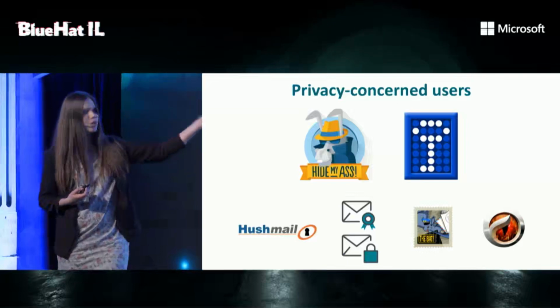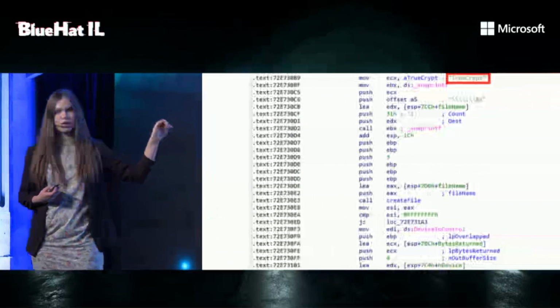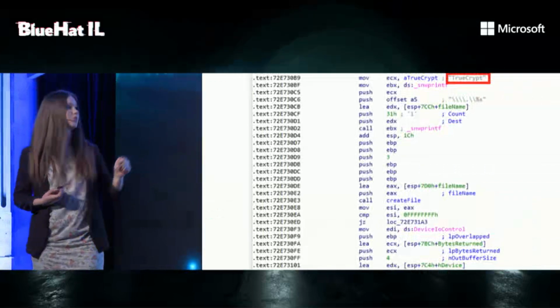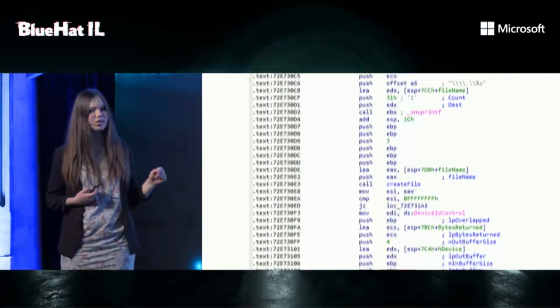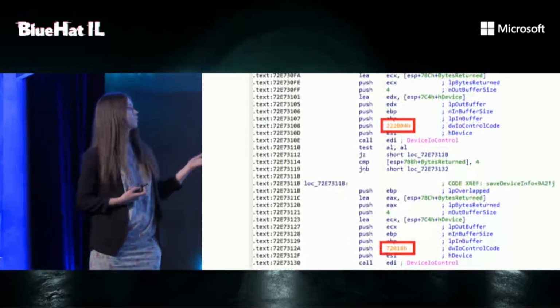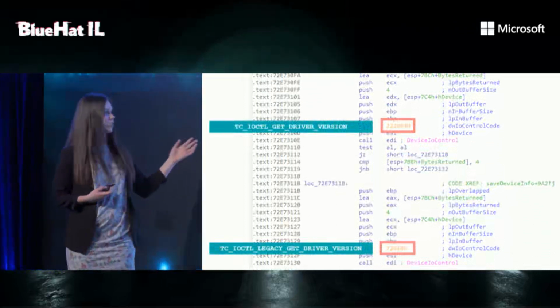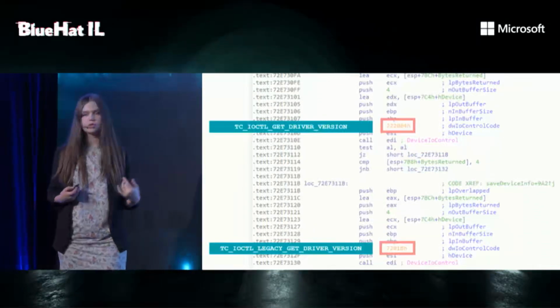So see the TrueCrypt: ATTOR is taking screenshots of TrueCrypt, but also it tries to contact the TrueCrypt driver if present on the system. And then it sends some IOCTL codes to the driver. So these IOCTLs are actually used for determining the version of TrueCrypt if installed.